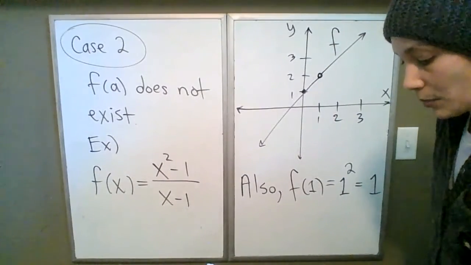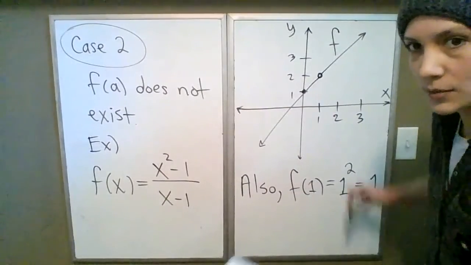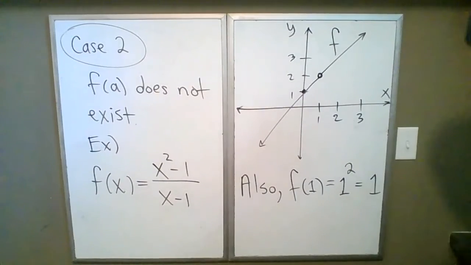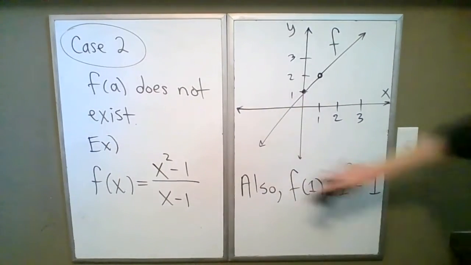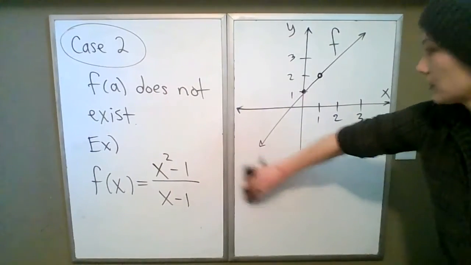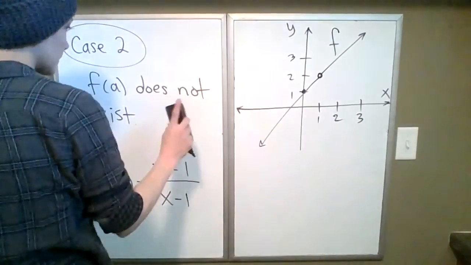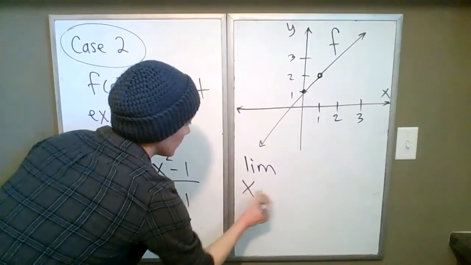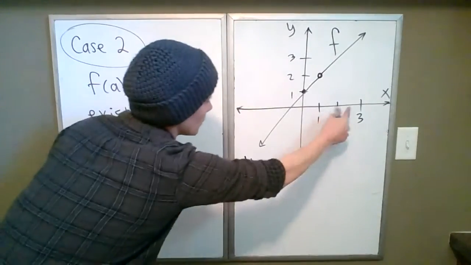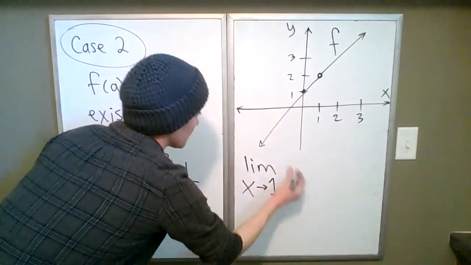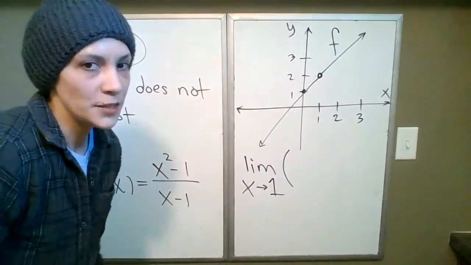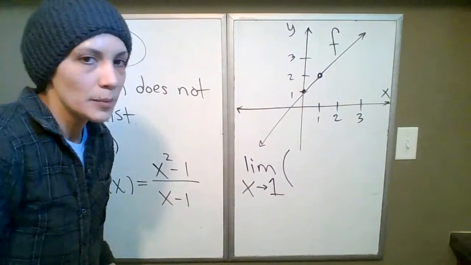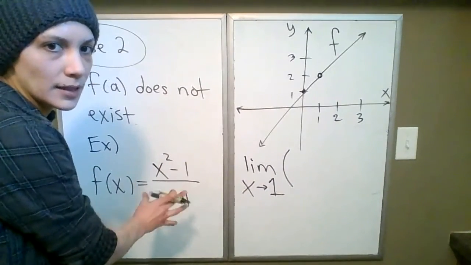So the limit as x approaches 1 of f of x would be equal to 2. So instead of putting the symbol f of x, I'm going to replace it with its actual outputs.